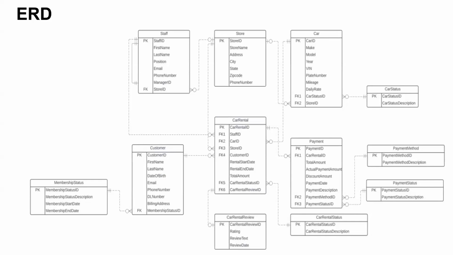So for example, you can just reference manager ID to staff ID. So you can join the staff table to the staff table by connecting staff ID equals to manager ID. Then you can see who the staff's manager is.